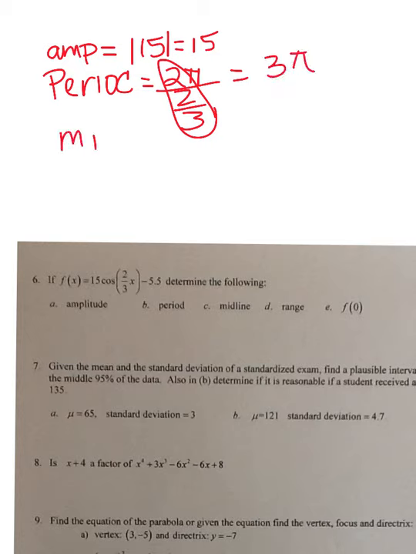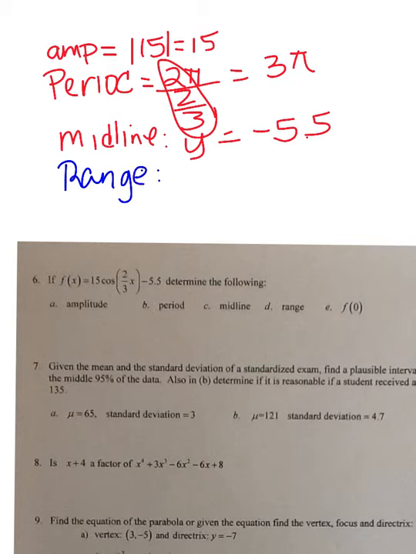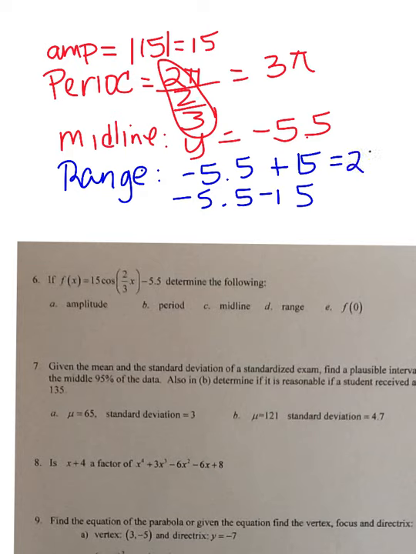Your midline is y equals negative 5.5. To get your range, you do the midline, negative 5.5 plus the amplitude, midline minus the amplitude. So negative 5.5 plus 15 is 20.5.